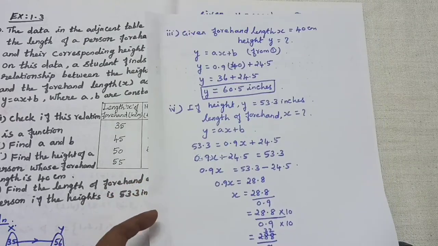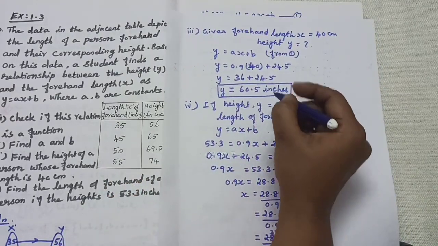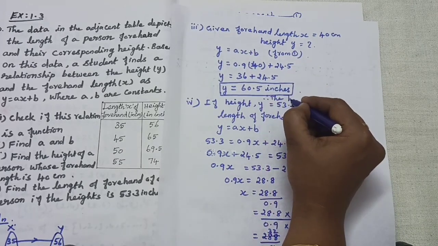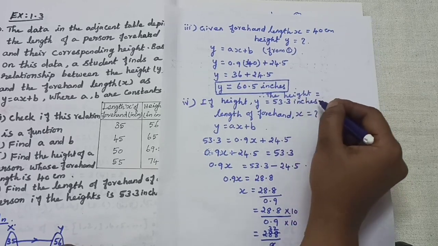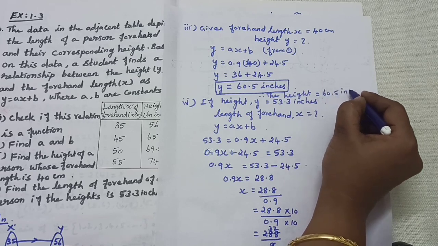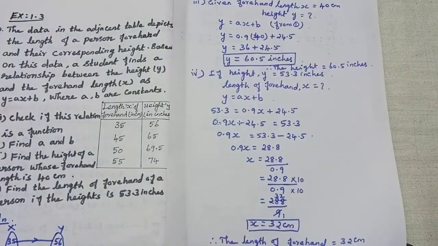Then before, here also, y is equal to 60.5 inches, isn't it? Therefore, the height of a person or height of a student is equal to 60.5 inches. You got it? This is a 5-mark question. Very interesting question. Be careful and practice it once again.